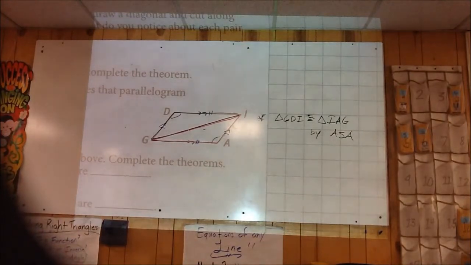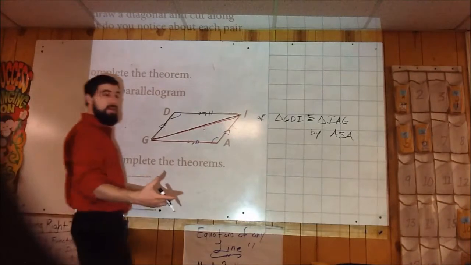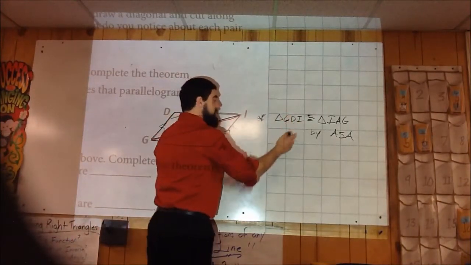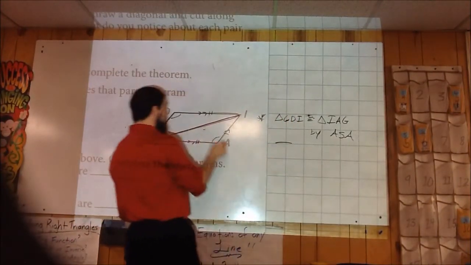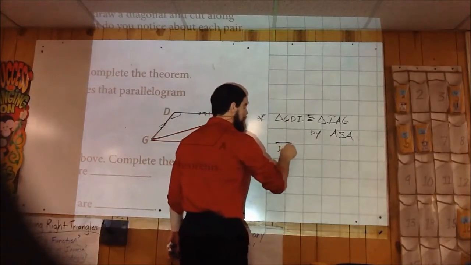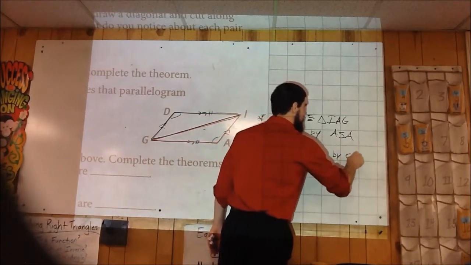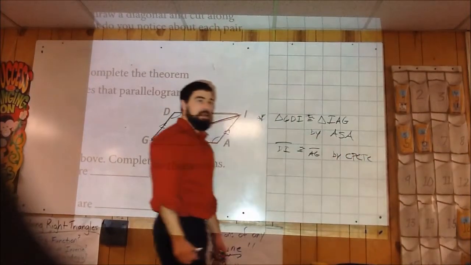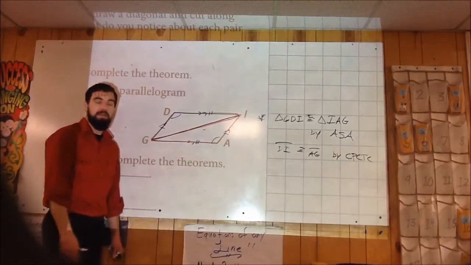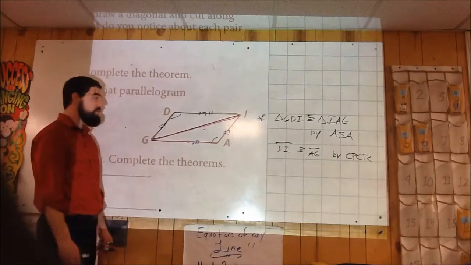And then from there, proving that opposite sides are congruent, we just use CPCTC. Once I have that these triangles are congruent, then I know that segment DI is congruent to segment AG by CPCTC. Those triangles are congruent, and that means all of the other parts must be congruent as well.